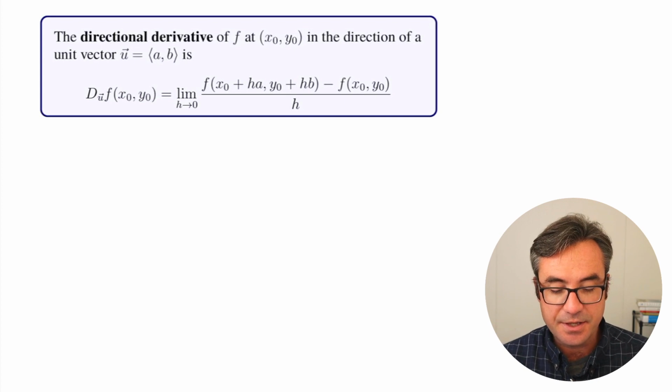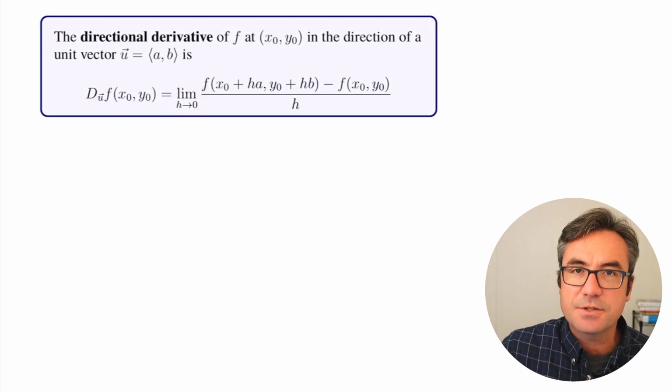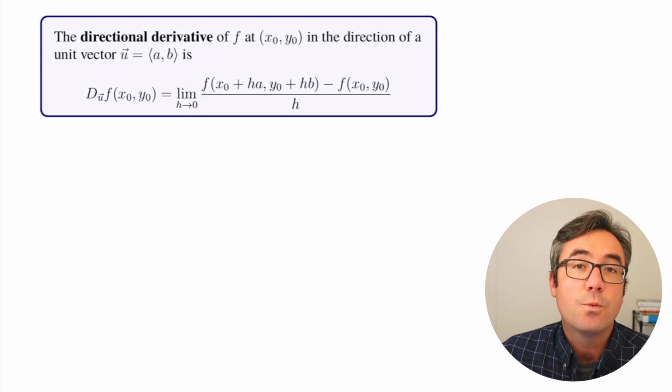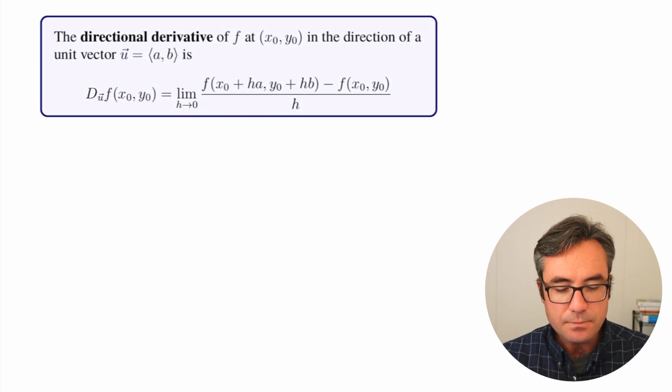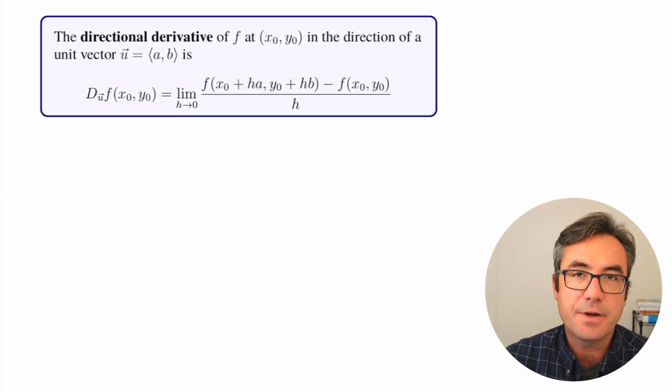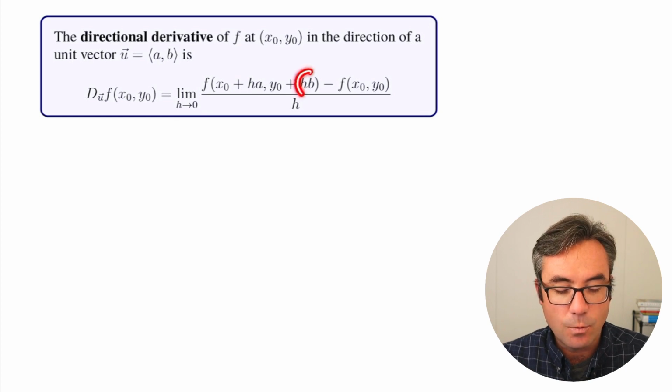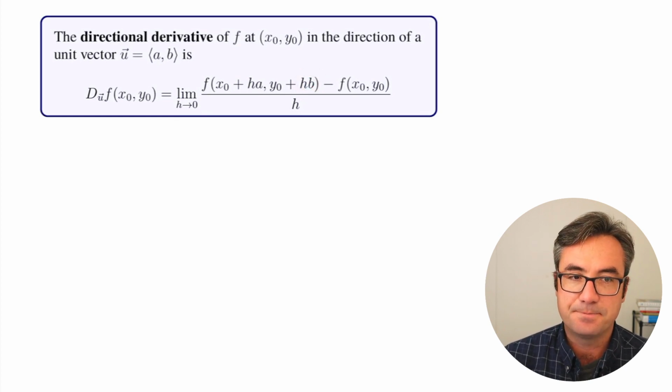This is a similar setup to our limit, where we looked at the x partial and the y partial. But now we're letting x vary by a little bit, and we're letting y vary by a little bit.